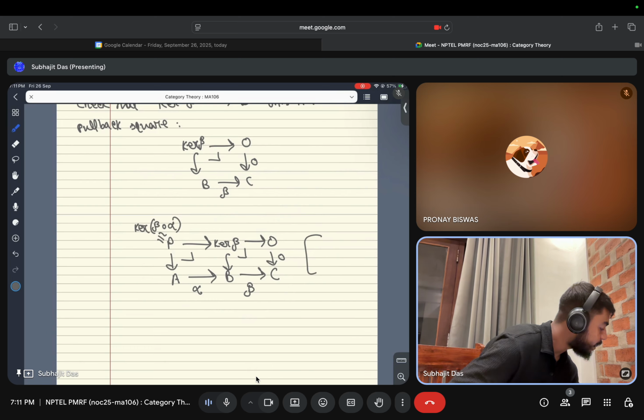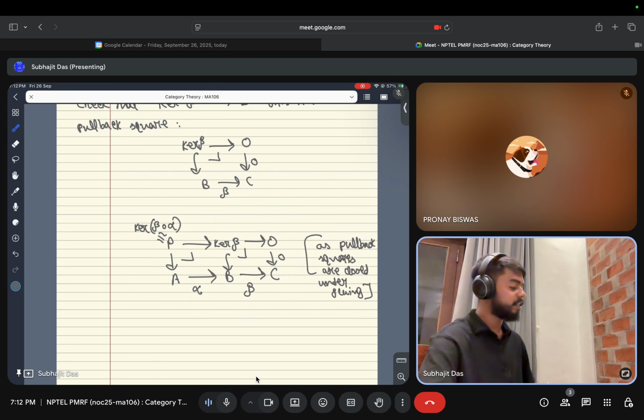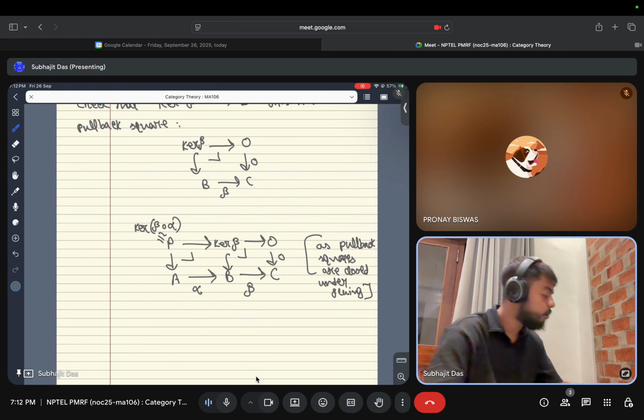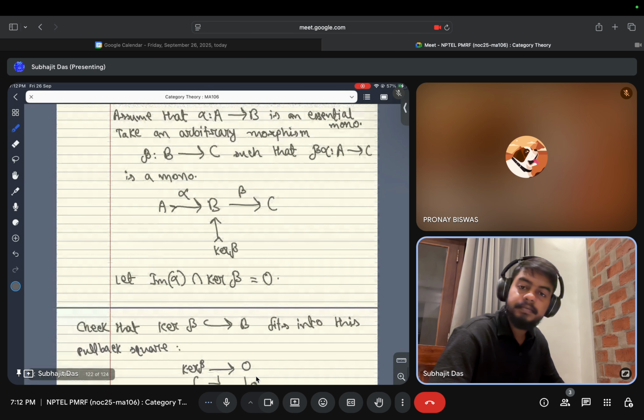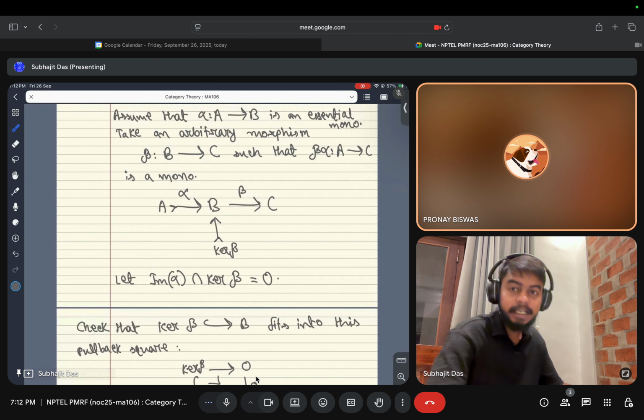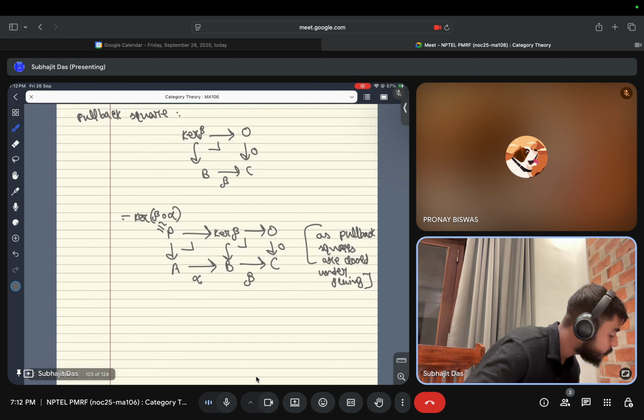I'll just put this in brackets: pullback squares are closed under gluing. Okay, so we have the kernel of beta composed alpha is this, and what do we know about beta composed alpha? Beta composed alpha is a mono, so the kernel of beta composed alpha is 0. This we know is 0.